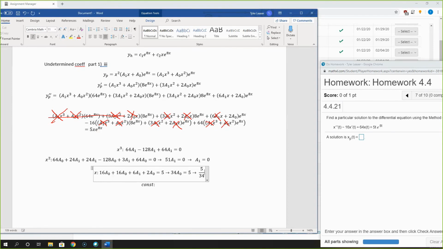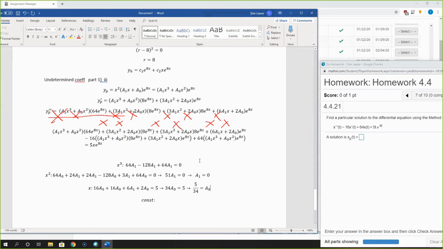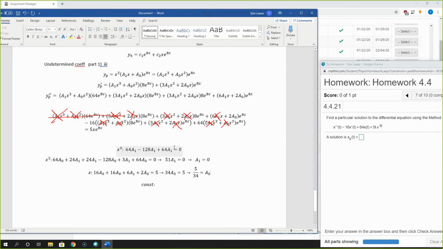So that is going to be our A naught there. And there's one constant here, but I don't know if it's going to help us. I feel like I might have made a little mistake somewhere in all of this stuff.